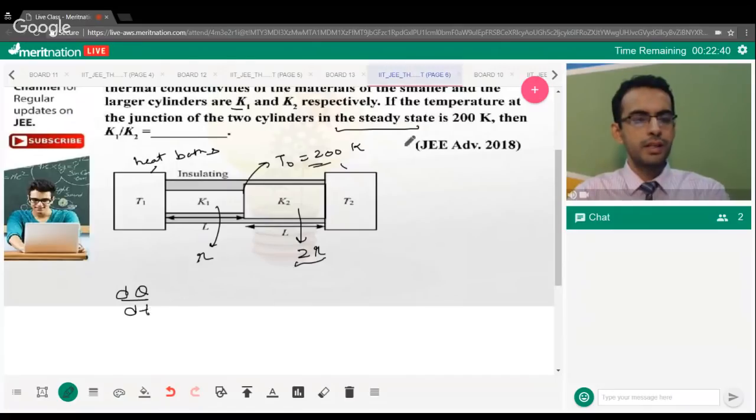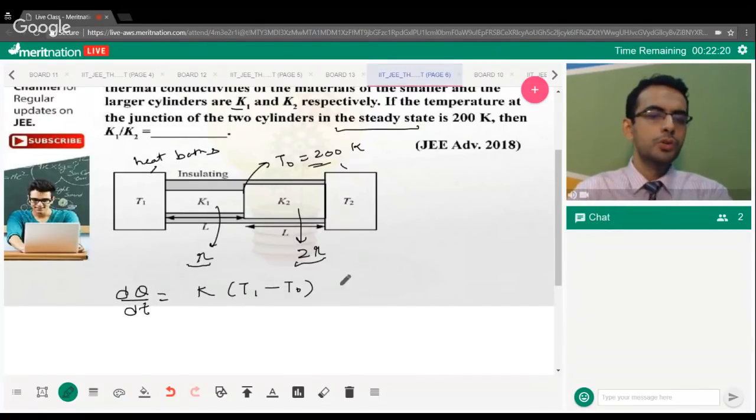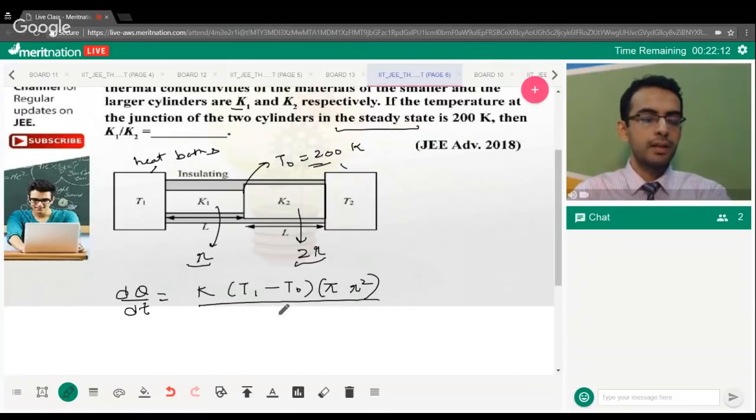Let's take the first cylinder: dq by dt is equal to k1 times T1 minus T naught, multiplied by the area of cross section, which is pi r square because r is the radius, divided by capital L. That is what dq by dt is for the first cylinder.